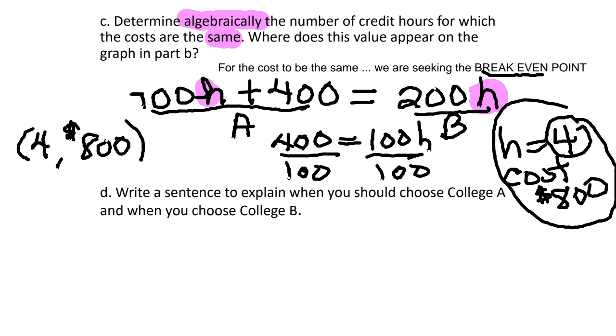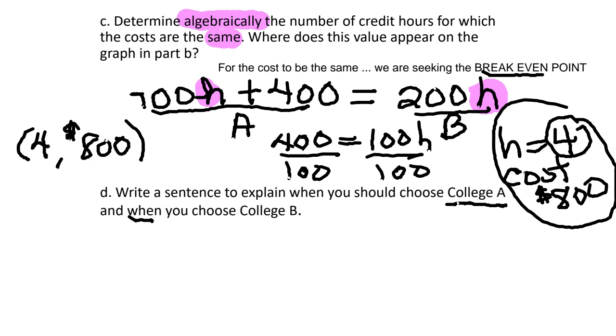Write a sentence when you would choose College A and when you would choose College B. This is talking about break-even points, or what is the better buy. Remember that? College A is a better buy if I take more than 4 units during the summer.